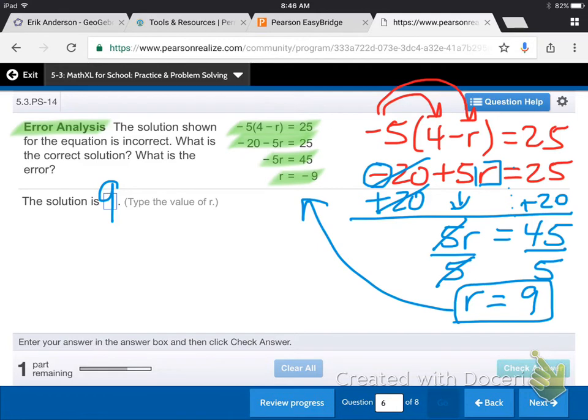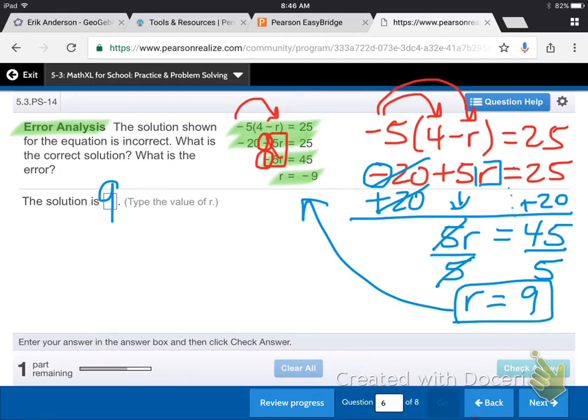And you can see that the problem that they had in this, the way they did it was when they multiplied -5 times -r, they got -5r, but we know it's positive. And so also when they tried to subtract here, they should have added, but they focused on the wrong term. Shouldn't have been on the 5r.